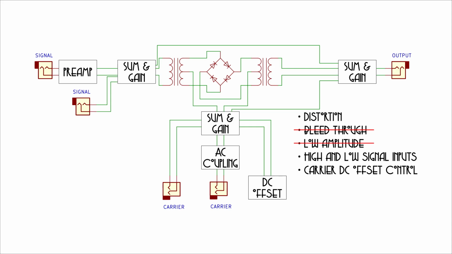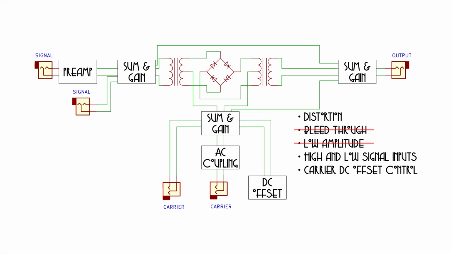And there are trim pots there which allow you to adjust the amount of signal and the amount of carrier that you're adding in to the output of the ring modulator so that they just cancel out any bleed through that might have come through the ring modulator. So that eliminates, or at least mitigates, the bleed through problem. You're still left with some distortion, but that's kind of part of the charm of the ring modulator, really. It gives it some of its flavor.